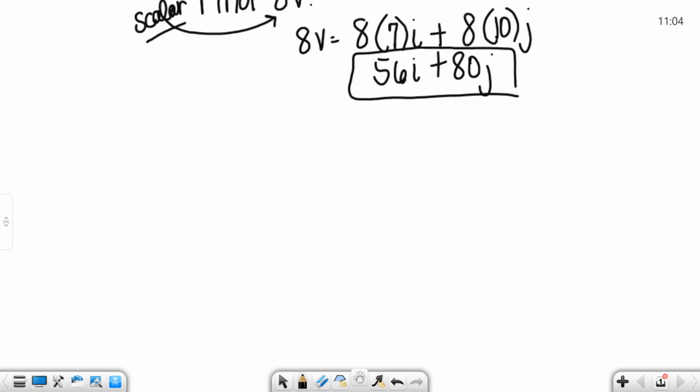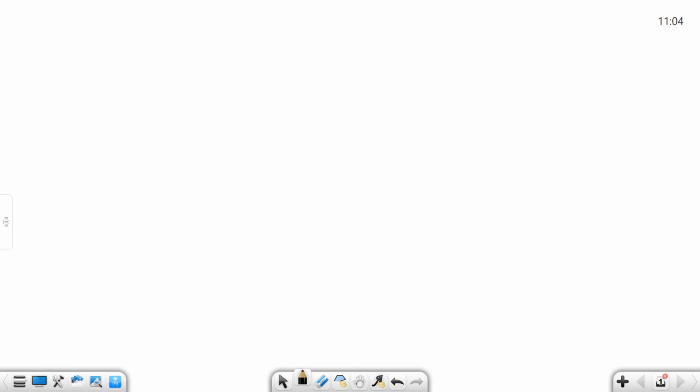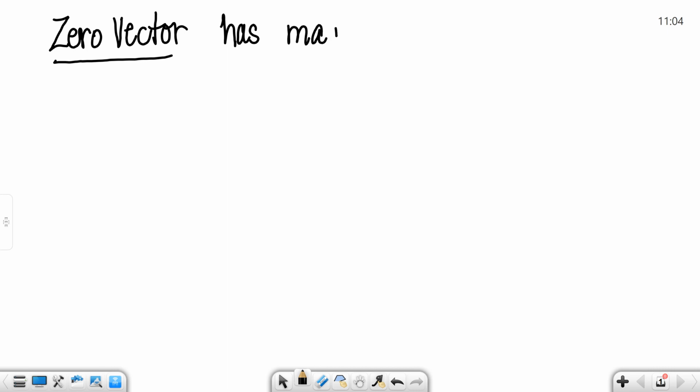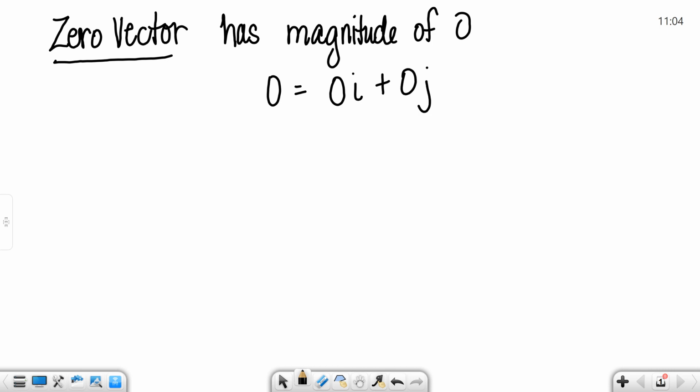There is such a thing as a zero vector. A zero vector has a magnitude of 0. That makes sense. And here's what it would look like. The zero vector would be 0i plus 0j.